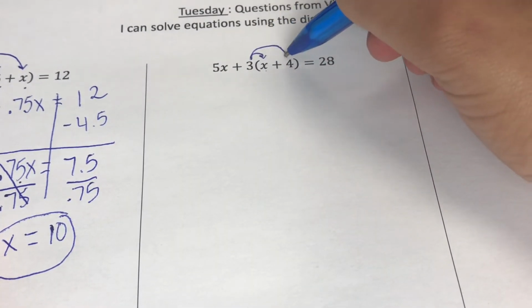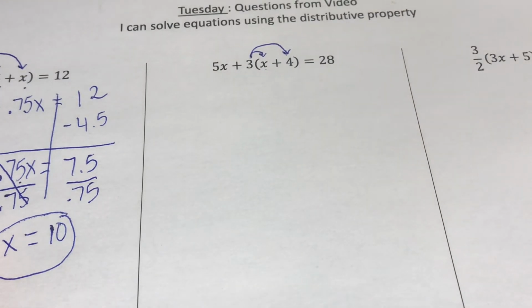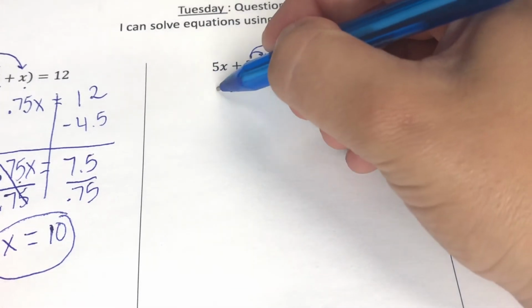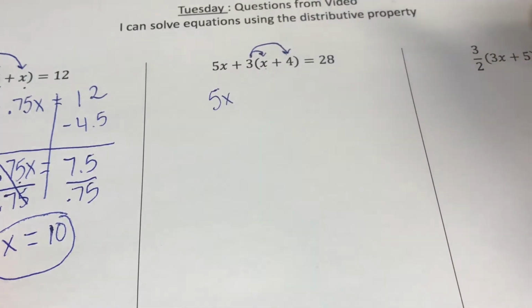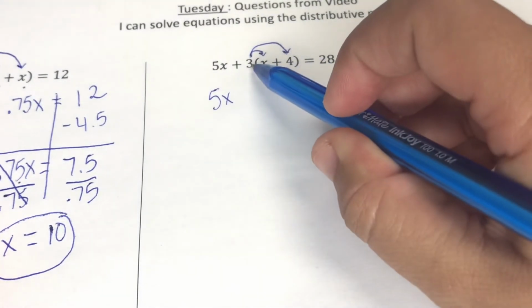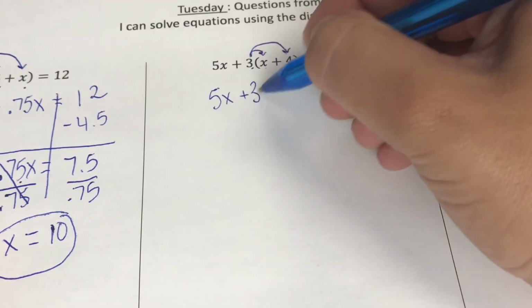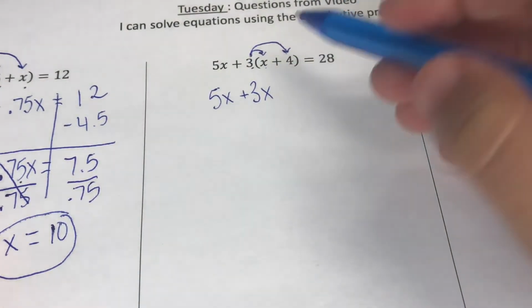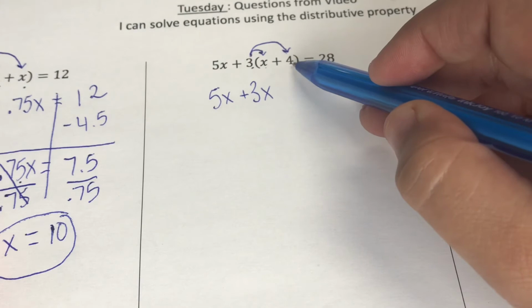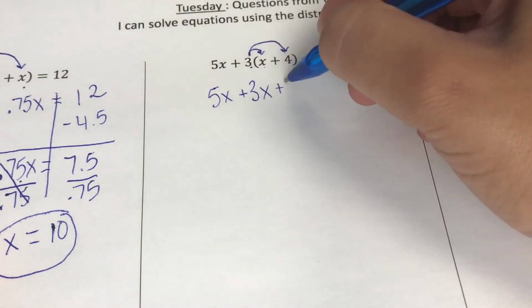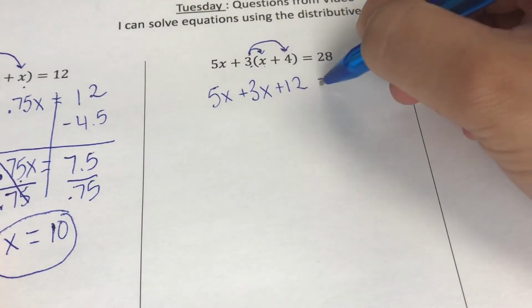Draw your arrows to know how many times you multiply. Let's rewrite our 5x. Then we're going to be multiplying 3 times x gives you a positive 3x. 3 times 4 gives you a positive 12, and we'll rewrite the rest.